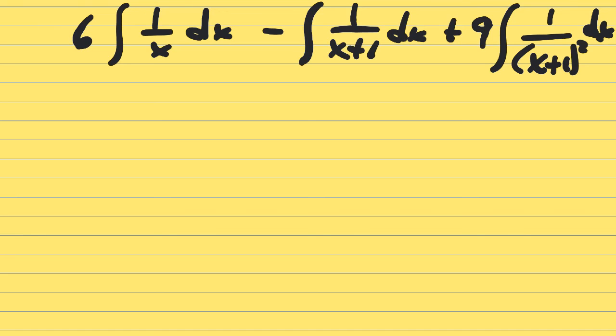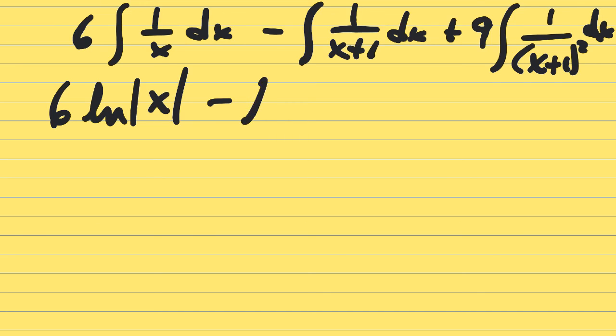First integral, the denominator is x, its derivative is 1. That's a perfect candidate for natural log. Since x can be negative depending on what value, absolute value. The middle integral, x plus 1, has a derivative of 1. So that's natural log of x plus 1. And because that can be negative, absolute value as well.